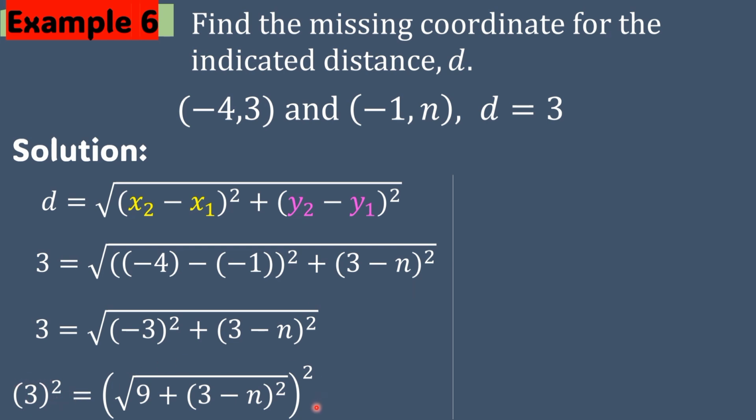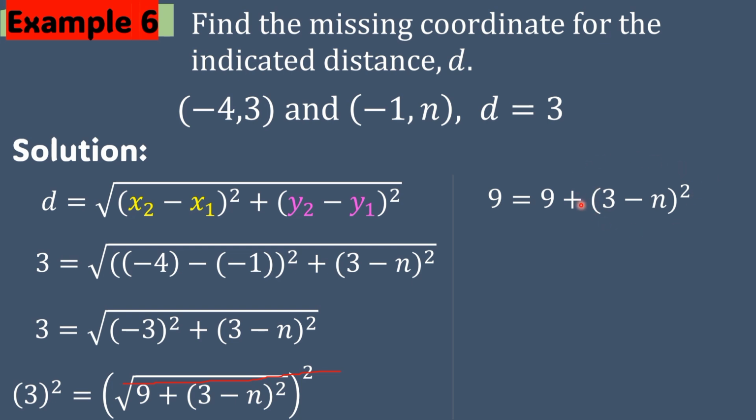Square both sides to remove the radical. We have 3 squared is equal to 9 plus quantity 3 minus n squared. Then 3 squared is 9, is equal to 9 plus quantity 3 minus n squared.